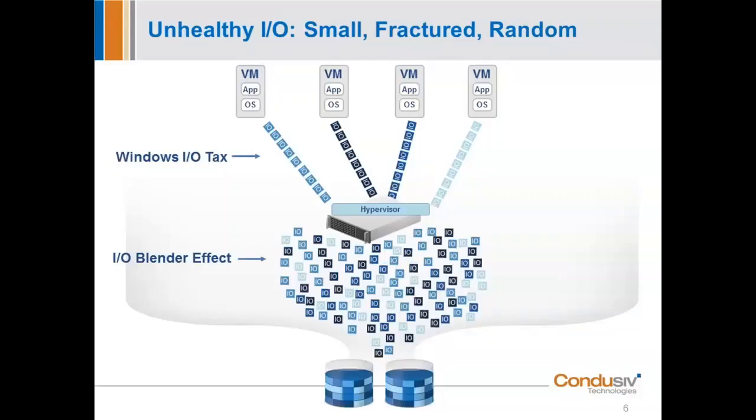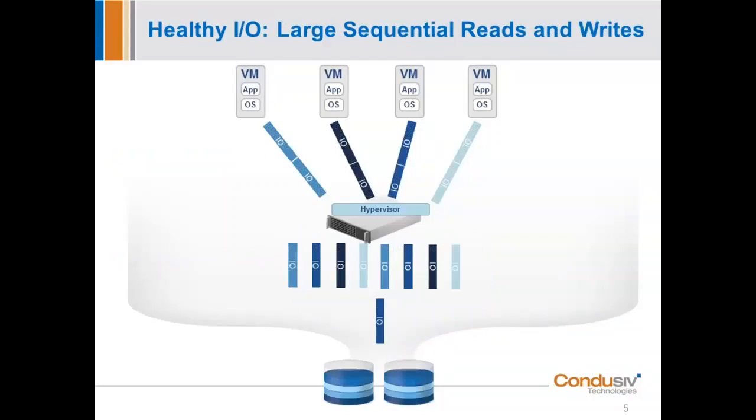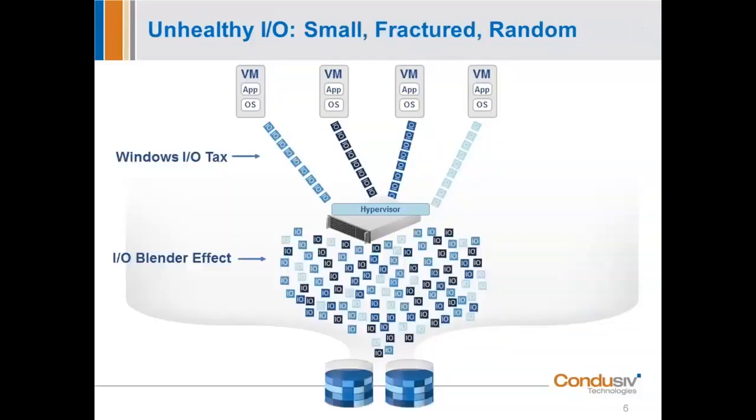Now, why is this occurring? Well, first of all, there's this Windows I/O tax. On Windows, happening on the virtual machines or physical machines, Windows tends to break up I/O rather than sending a nice sequential I/O. And the reason it does that is that the Windows file system, when a file gets created or extended, doesn't know how big it's going to be or how large that extension is going to be.